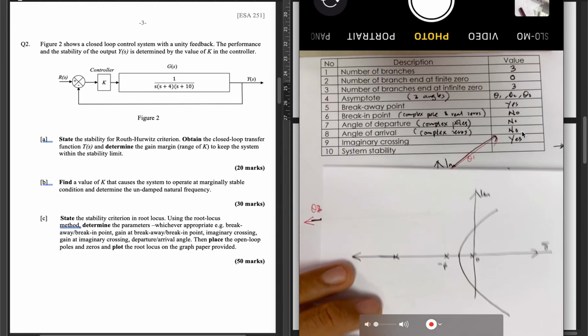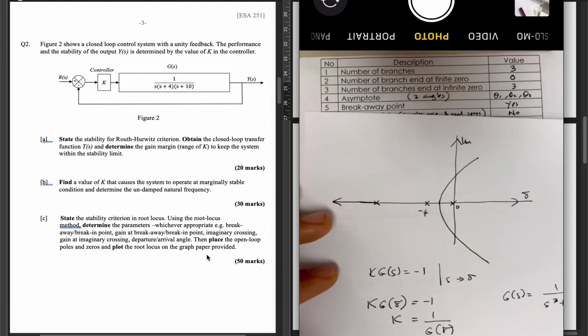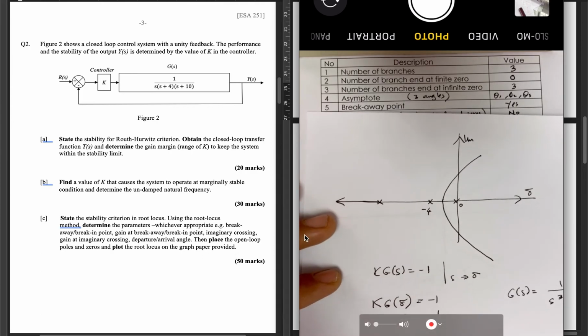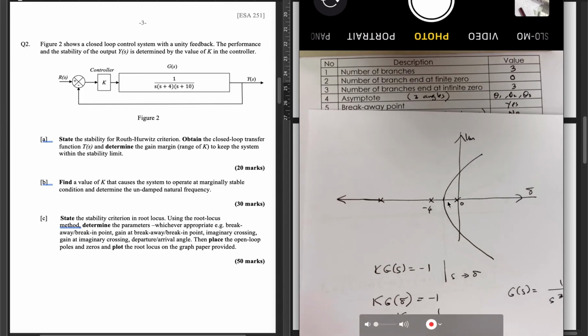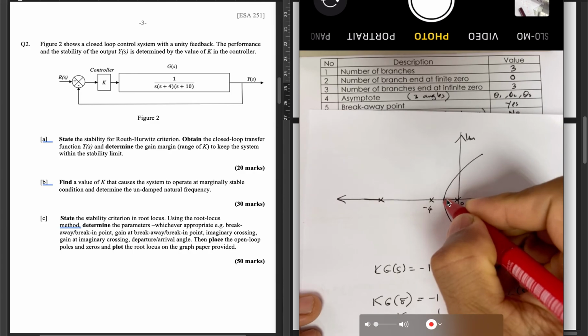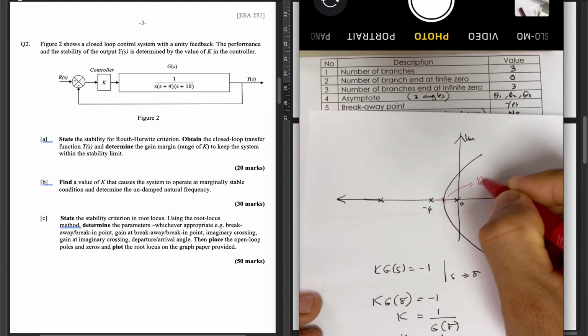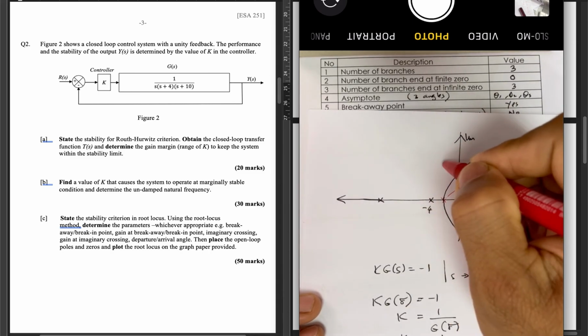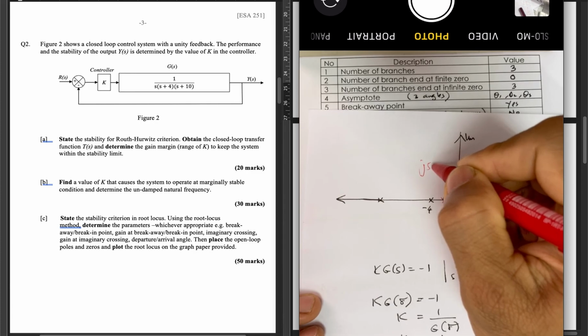I think, what is the next question? Then place the open loop further than 0 and root occurs and right. Okay, this is the answers, and then we have to specify the location of this one, the break-in point. The points here, j5 point something, right?